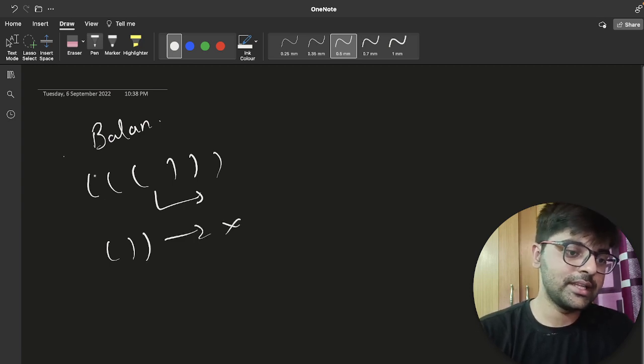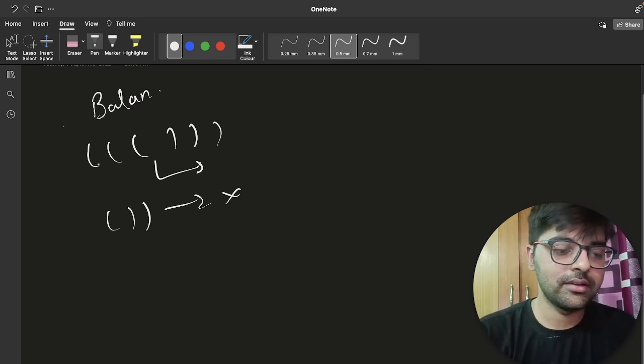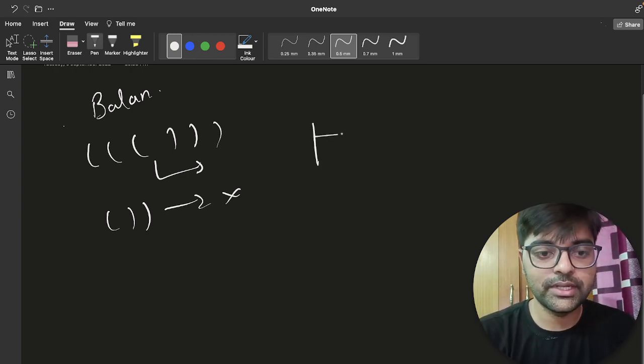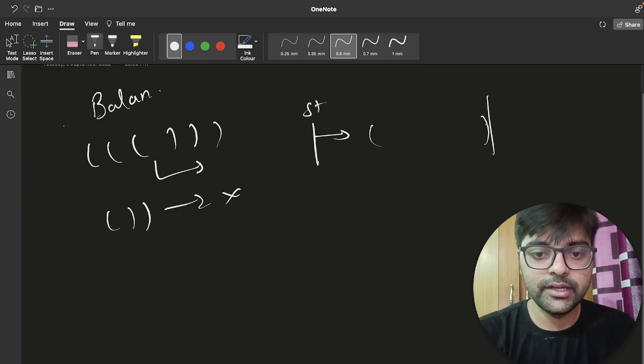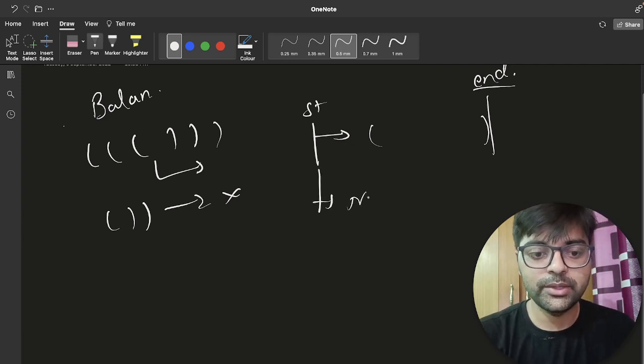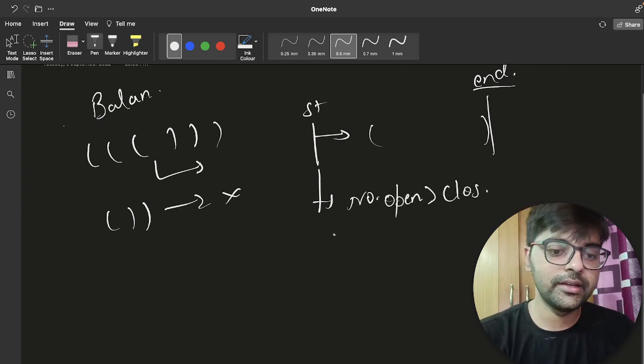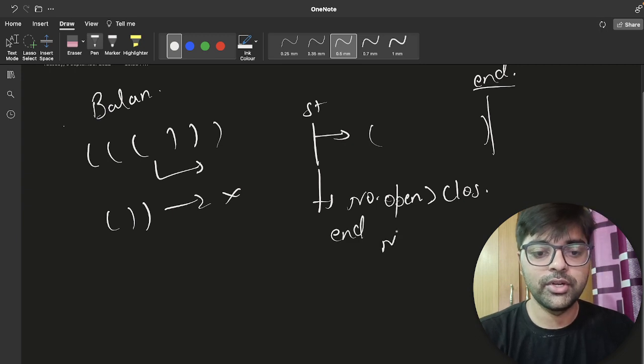So let's say we start from here, so this is a starting point and this is some ending point, right? At any point the number of opening brackets is greater than or equal to the number of closing brackets, and at the end the number of opening equals the number of closing, then it will be balanced.